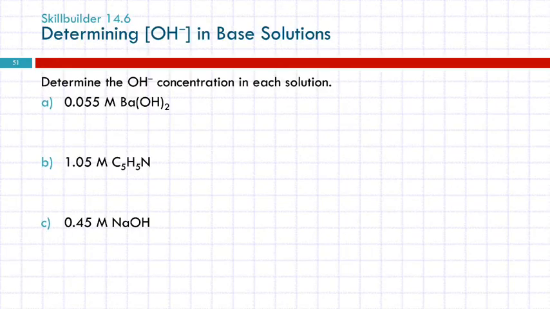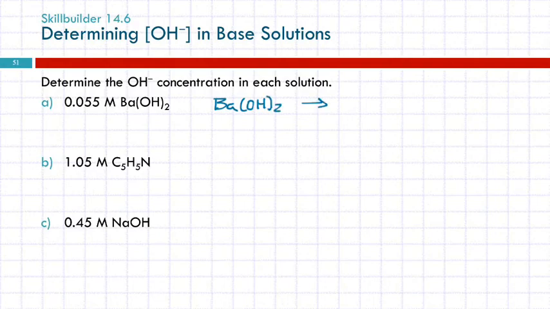Okay, determining hydroxide ion concentrations. So, barium hydroxide, is it a strong base or a weak base? It's a strong base. It's a metal hydroxide. Bang, it's a strong base. Let's think about what happens with it, though.